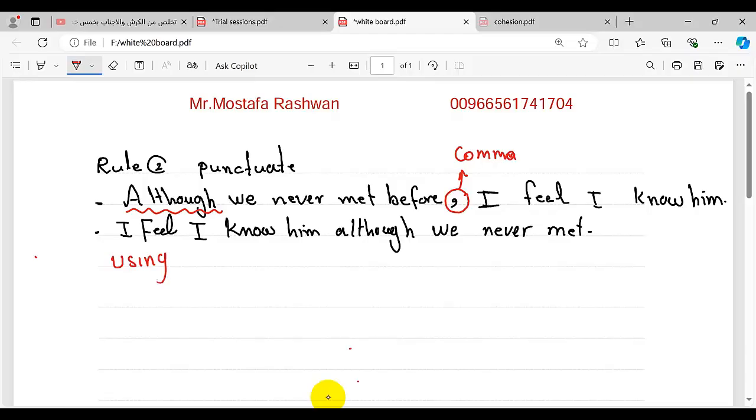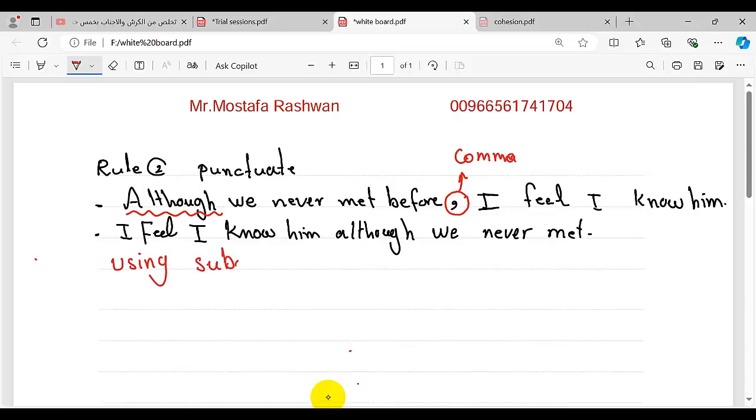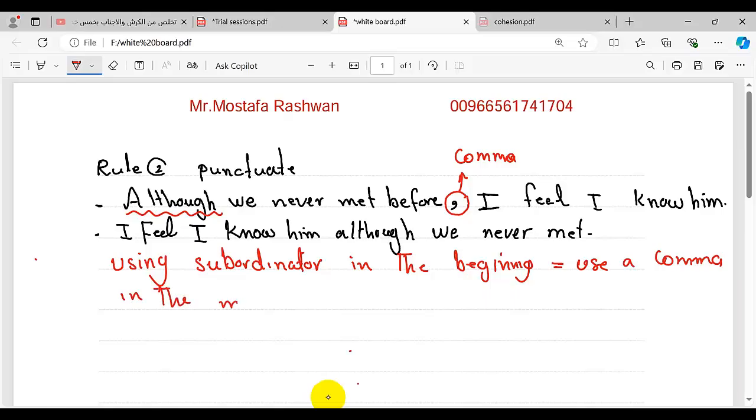So the rule again: using a subordinator in the beginning of the two sentences means use a comma in the middle to separate the two sentences.